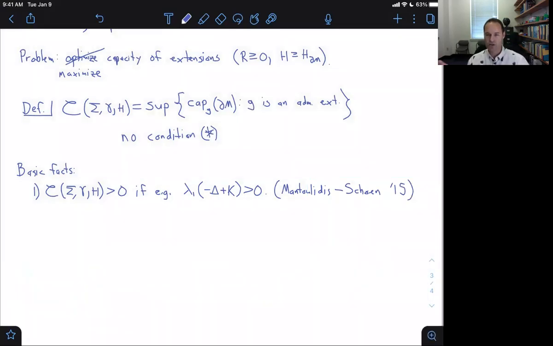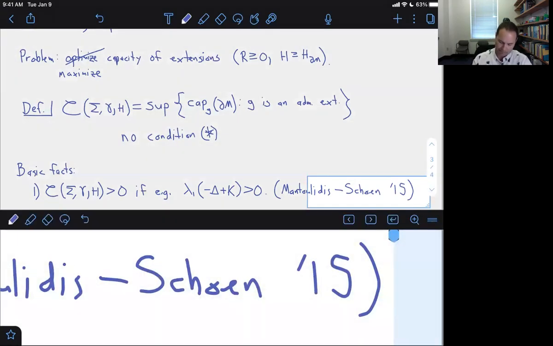The idea is they construct admissible extensions in this case. So that's going to have some positive capacity, and therefore the maximal capacity will be positive. This is really just assuring you that in many cases, extensions do exist.